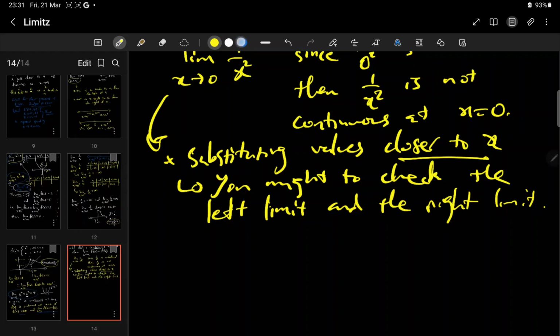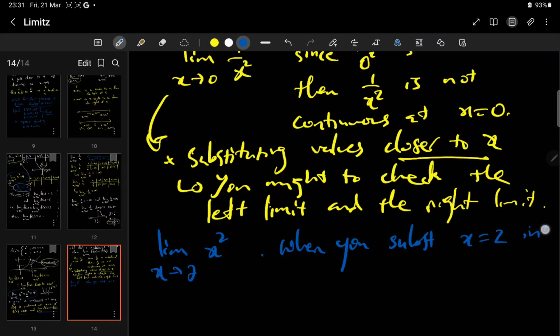Like we've seen with the limit as x tends to, let's say, 2 of x squared. When you substitute x equals 2 into x squared, you get 4.